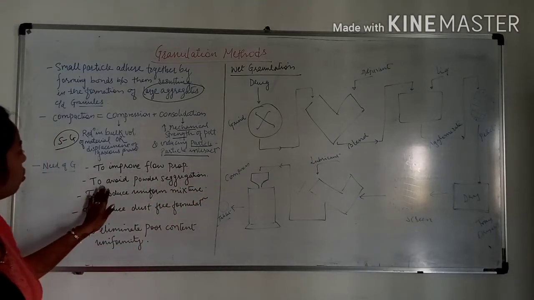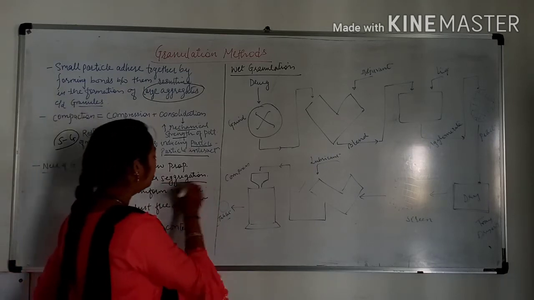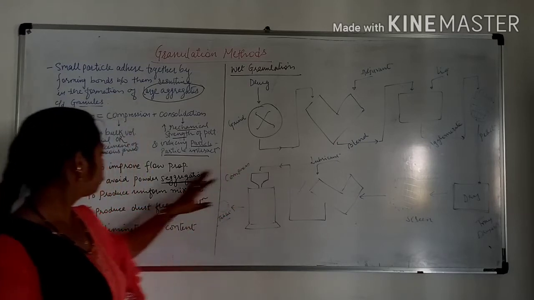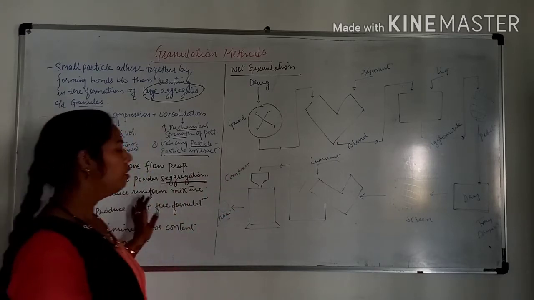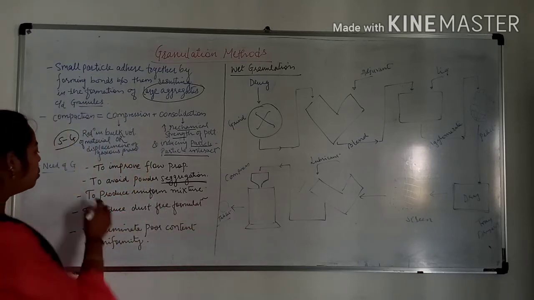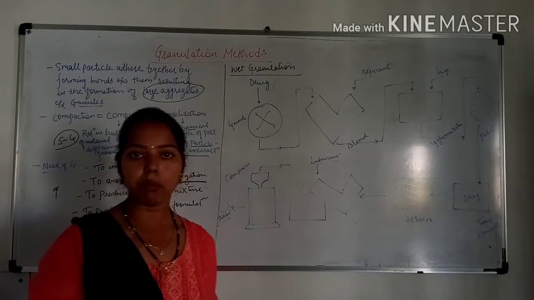After that, to avoid powder segregation, we try to avoid the segregation of powder. The next objective of granulation is to produce a uniform mixture, or to improve the content uniformity in the tablets.